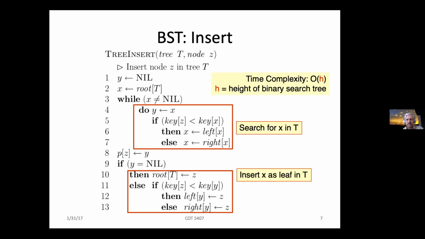You do a search, and wherever you fail in the search, that's where you insert it. For red-black trees, you do exactly this, but then you do some additional operations where you may have to fix the tree that you end up with, and make sure that it satisfies all the properties of a red-black tree.